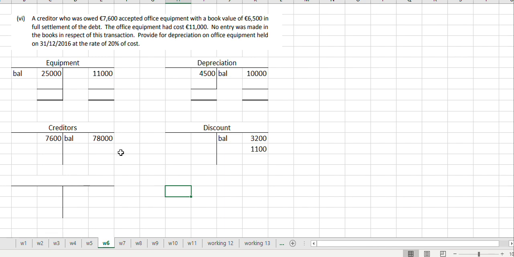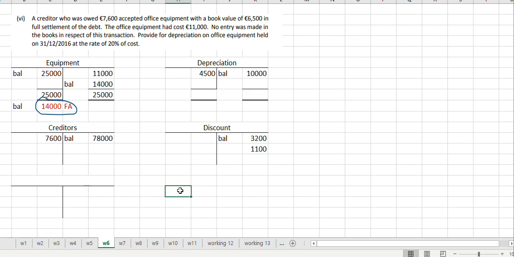So now, if we balance these accounts, first of all we'll balance the equipment account so we can work out the depreciation for this year. The equipment account balances at 14,000. 14,000 will be our fixed asset figure for equipment, the figure at the end of the year.